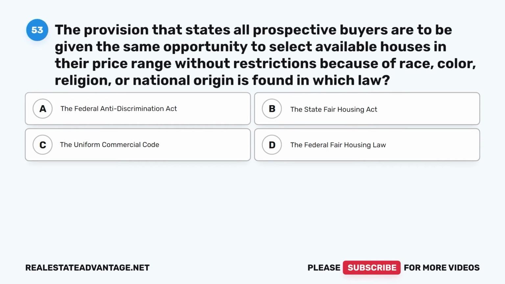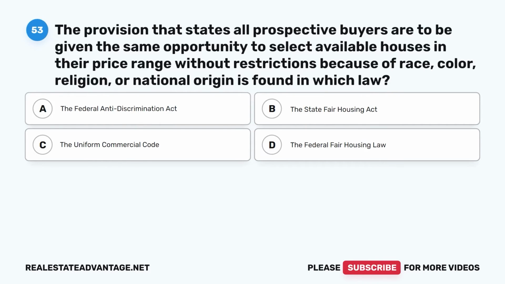Question 53. The provision that states all prospective buyers are to be given the same opportunity to select available houses in their price range without restrictions because of race, color, religion, or national origin is found in which law? A. The Federal Anti-Discrimination Act. B. The State Fair Housing Act. C. The Uniform Commercial Code.